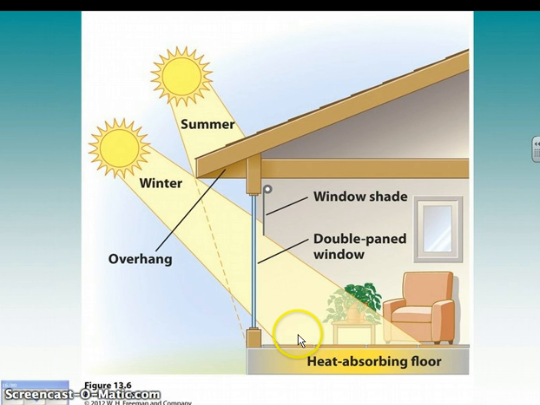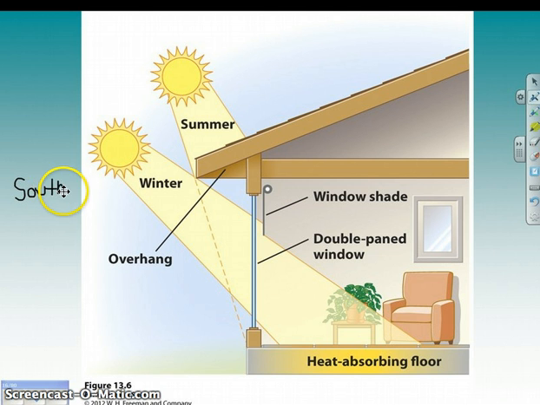So again, this picture here shows passive solar heating. So in the wintertime, the sun, again, this is going to be facing the southerly direction here. The windows are going to be facing south. And so in the wintertime, the sun is going to be lower in the sky.